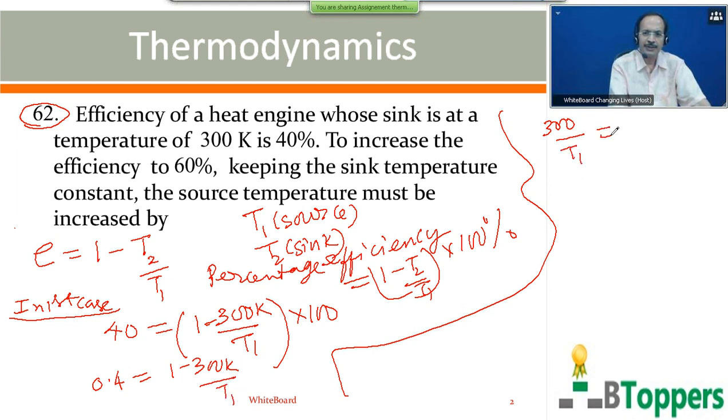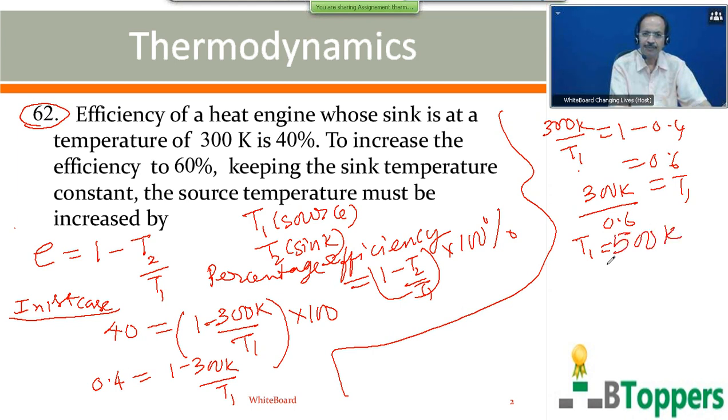So 300 by T1 will be 1 minus 0.4, or 0.6. So 300 Kelvin by 0.6 equals T1. So the temperature of the source in the first case will be equal to 3000 by 6. So that will be 500 Kelvin.